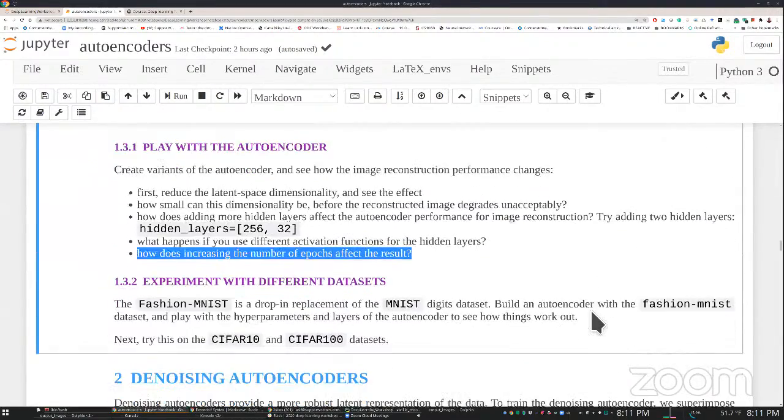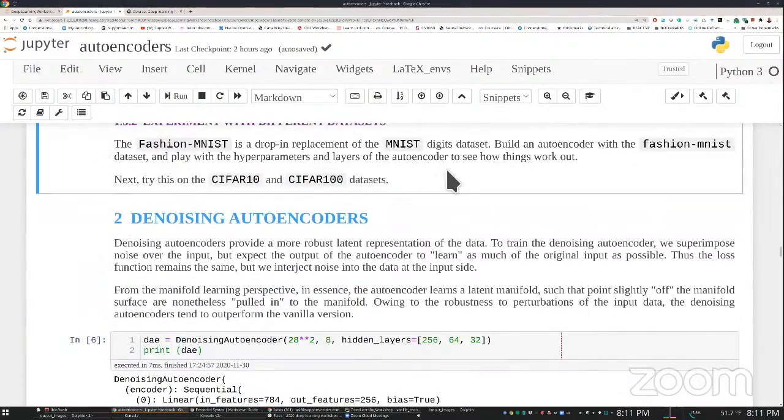Then the other thing is, I've tried it with MNIST, but Fashion MNIST is a drop-in replacement. Your torchvision also comes built with it. Instead of saying MNIST, you just have to say Fashion MNIST. Fashion MNIST is a collection of shirts, shoes and dresses, so you have a bigger data set to learn from. You can try that out.